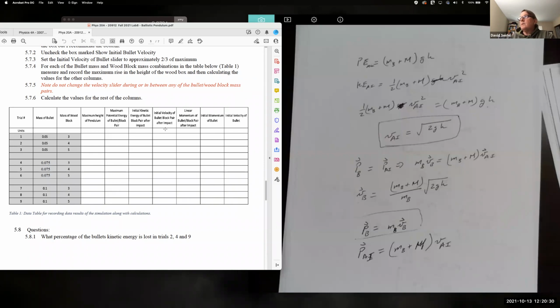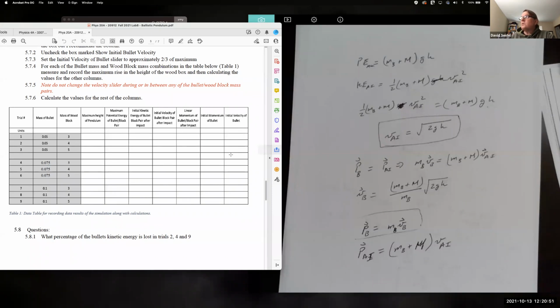This column here, you can calculate using this expression. You can calculate that this value here, and I'm circling here, is equal to the value in this column. You can get V after impact from that.